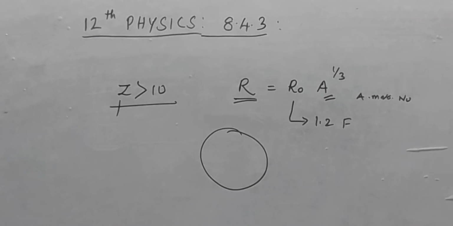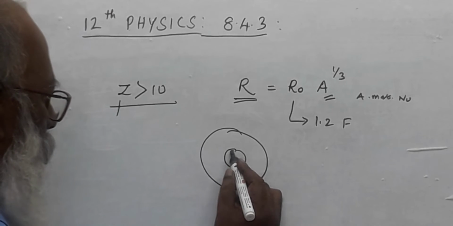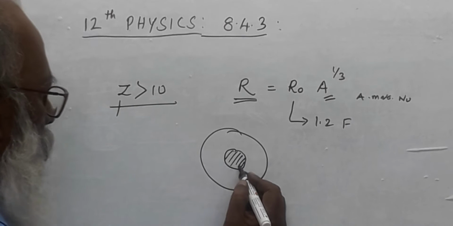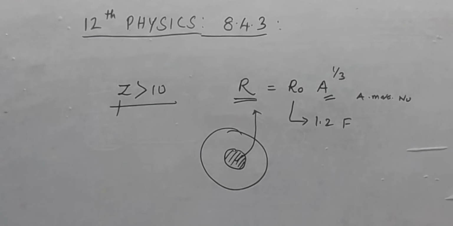measurements using different methods have been carried out on the nuclei of various atoms. You have to consider the nucleus size of various atoms. You can utilize this formula, R equal to R naught into A power 1 by 3.